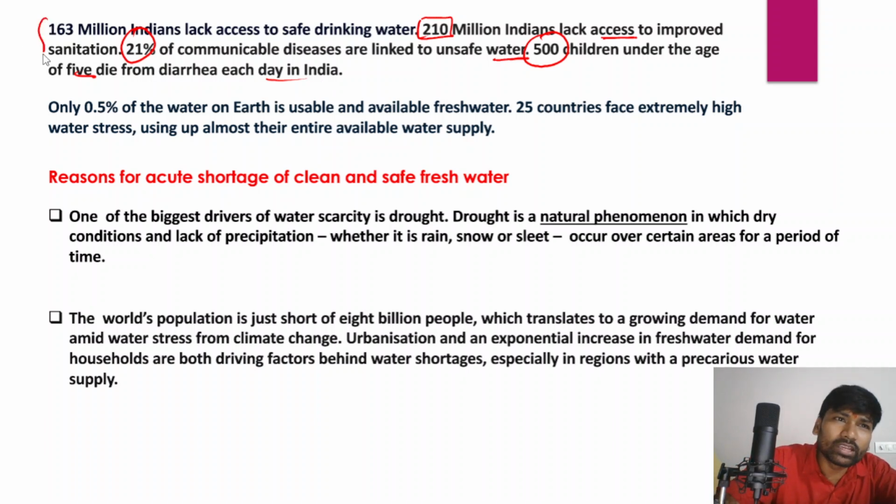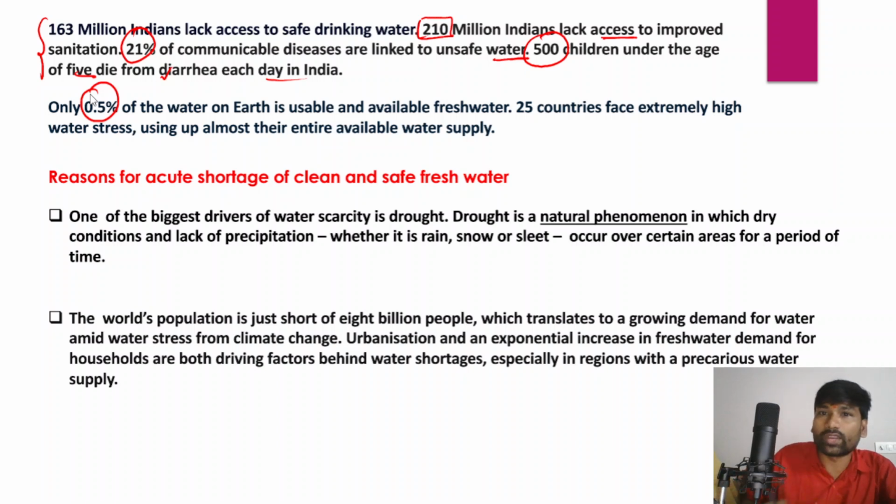Now, diarrhea is also caused by the consumption of unsafe water. Don't you think that when you write such impactful and attractive data in the introduction, it creates a very, very good impression in the mind of the examiner, and there is also a high probability that you will score very good marks in your answer, right? Only 0.5% of the water on earth is usable and available fresh water.